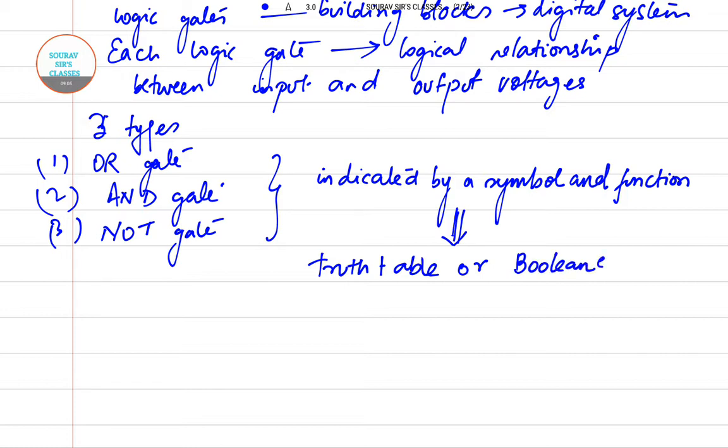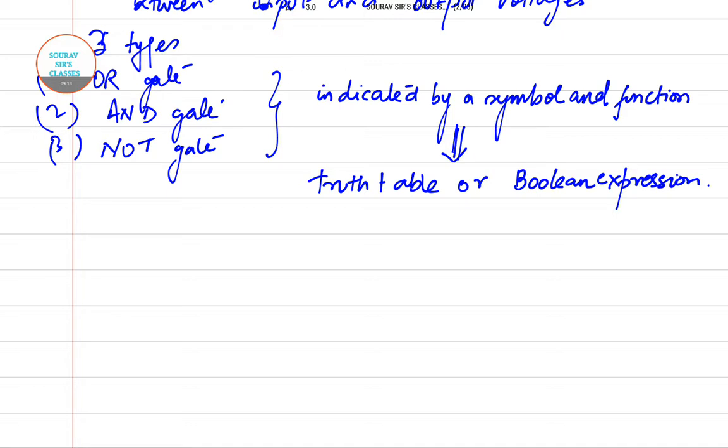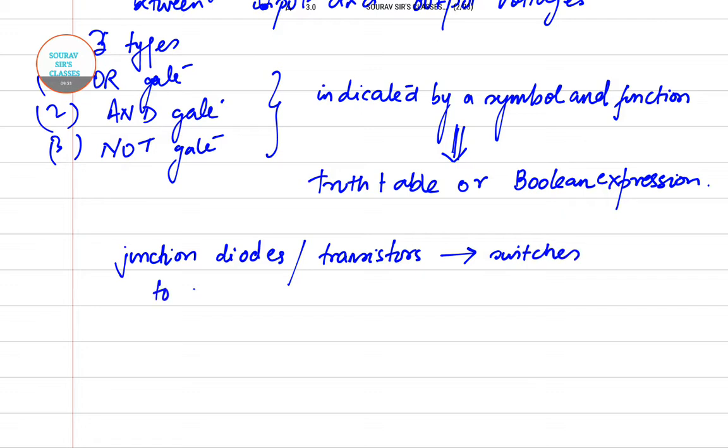You can go for either of the ways. Okay. Now in the case of digital circuits, we mostly use junction diodes or transistors as switches to change from one voltage level to another.